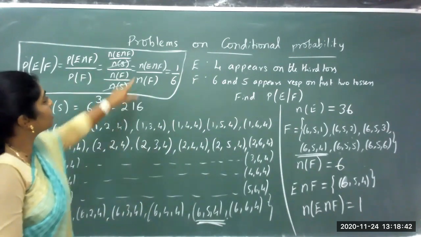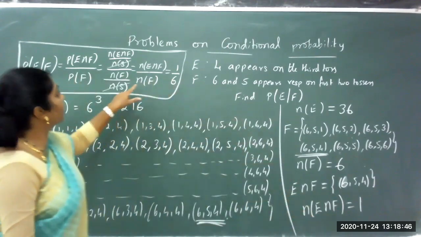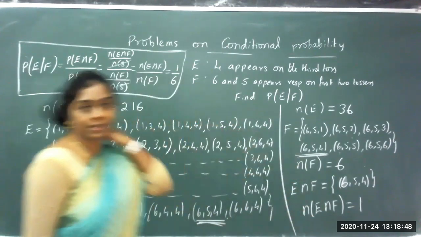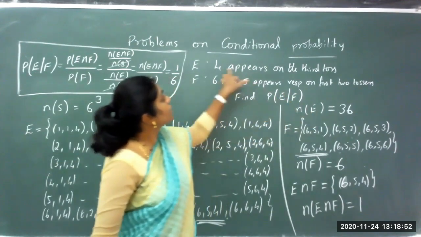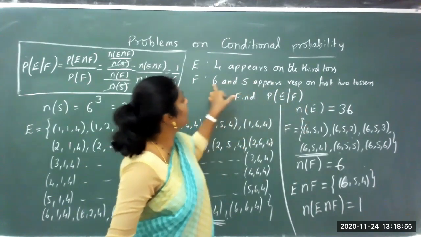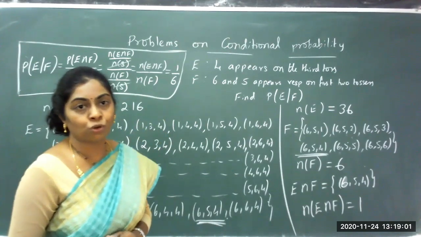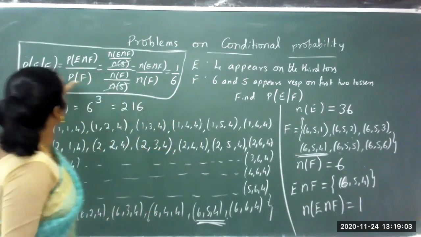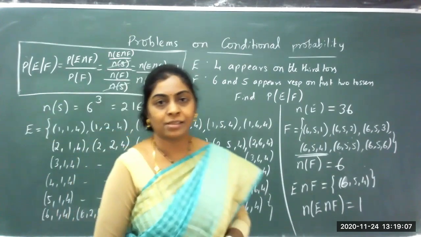Therefore the probability of event E, that 4 appears on the third toss, given that event F, 6 and 5 appear respectively on the first two tosses, has occurred, is 1 by 6.